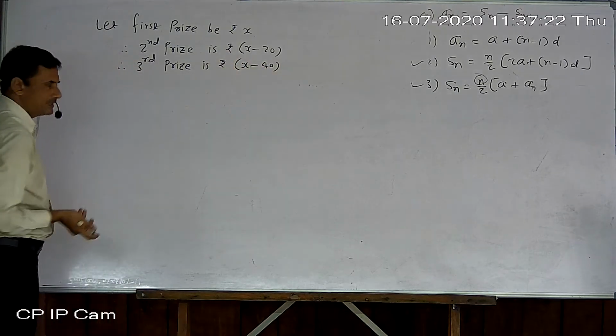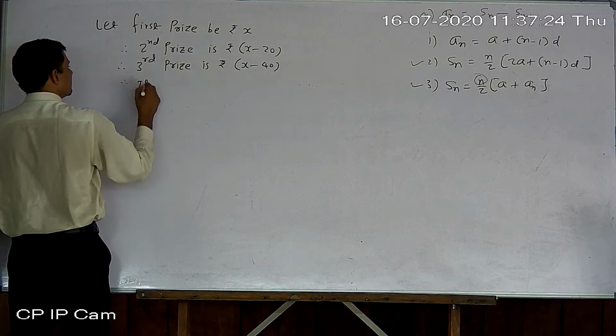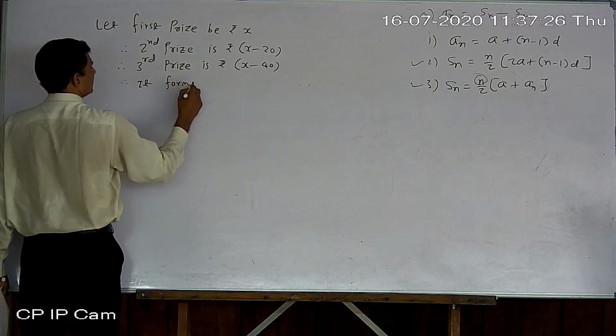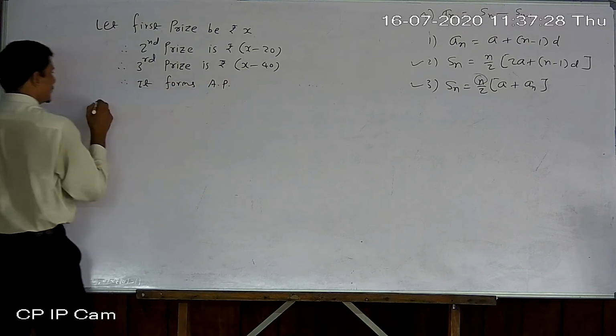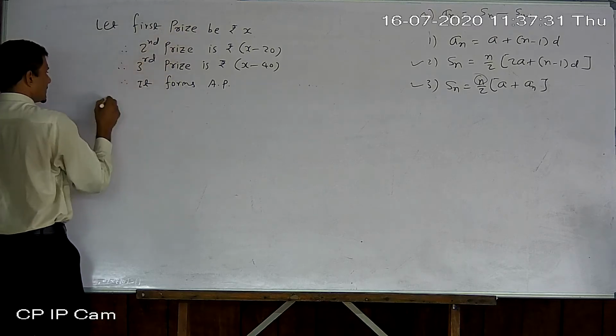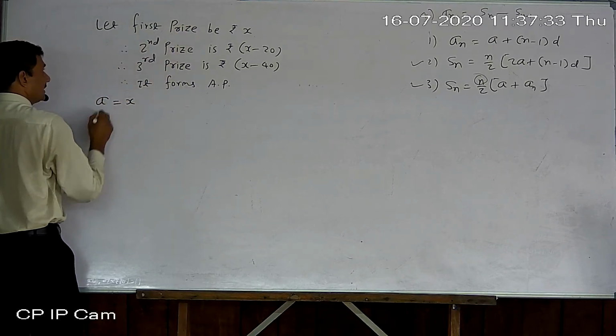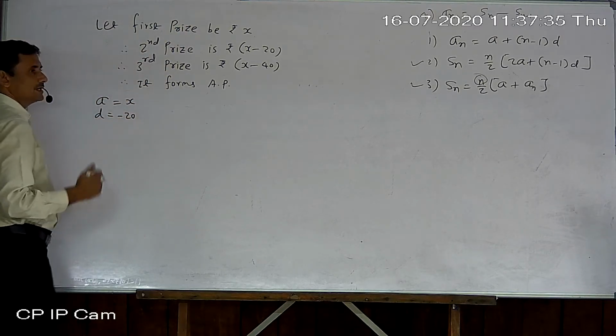So it forms an AP, an arithmetic progression. How? We suppose the first term is X, so A equals X, D equals minus 20. Why? Because it is decreasing.